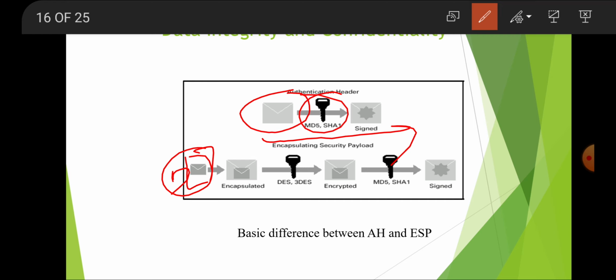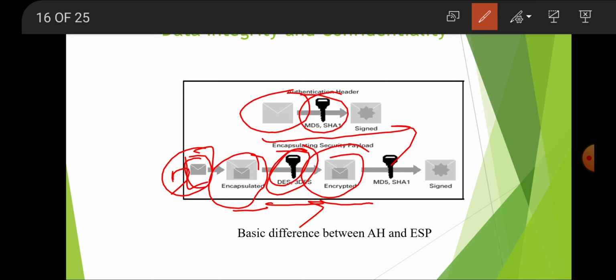Similarly, when I am sending my data, it is covered by another cover, another data layer, that is encapsulated, and that is sent over the internet. That is authenticated communication, that is encrypted with the key.